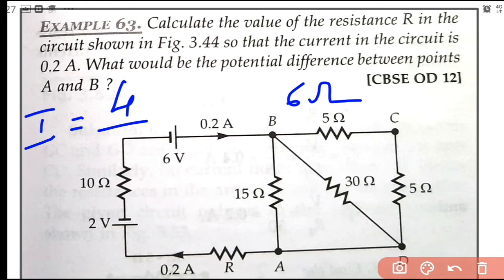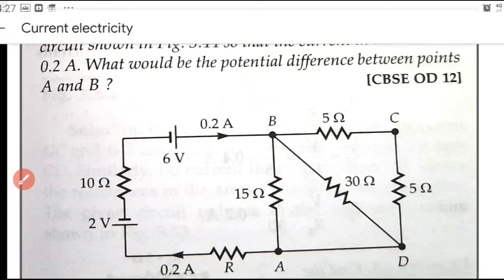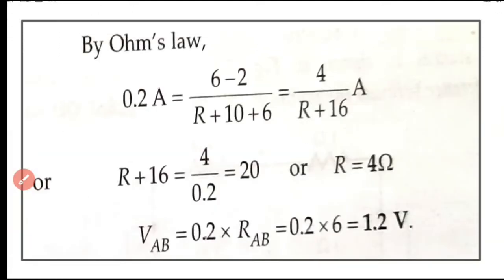Then 10 plus 6, 16. Then comes the unknown resistance R. So 4 divided by 16 plus R is I. And that I is given as 0.2 ampere. Solving this, you will get R is equal to 4 ohm.